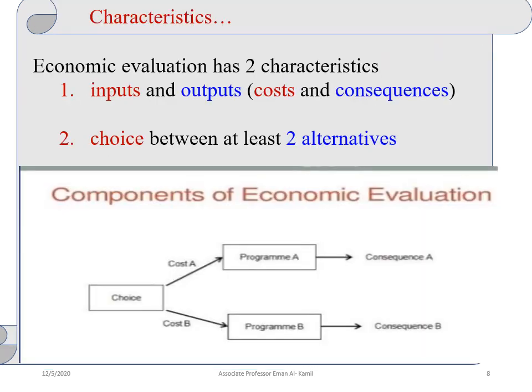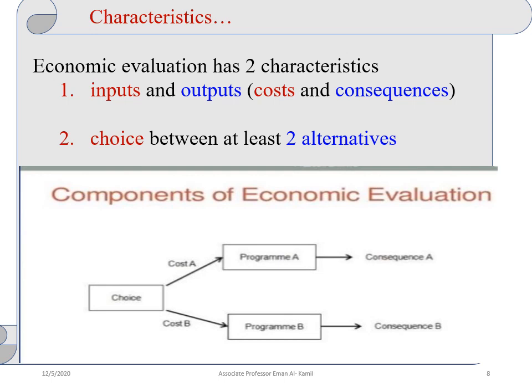So what are the characteristics of health economic evaluation? It has two criteria, as we mentioned, input and output, which means the cost and the consequences, and the choice between at least two alternatives.